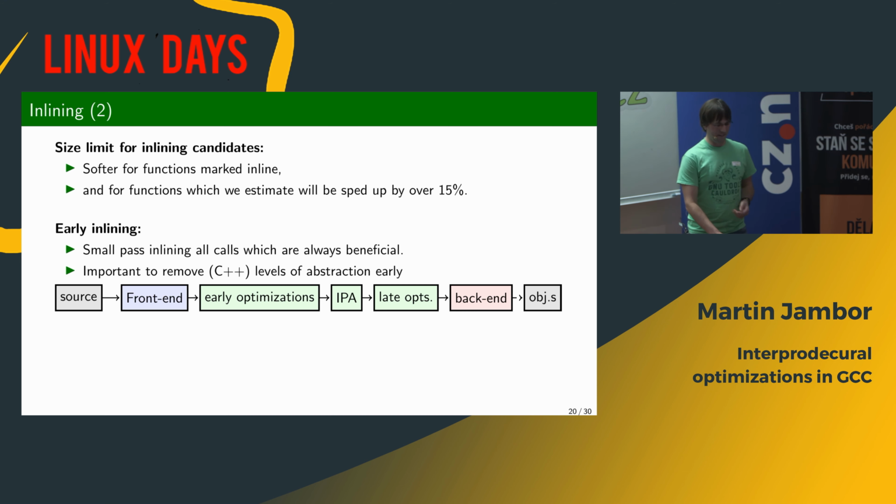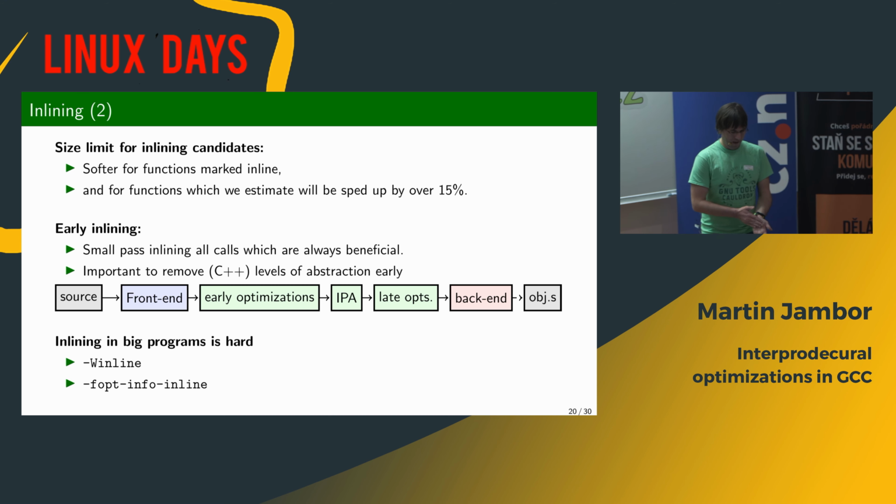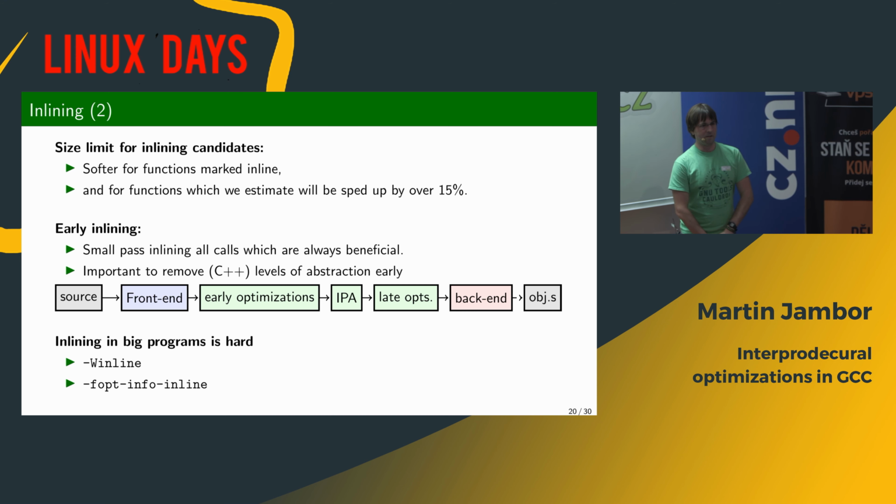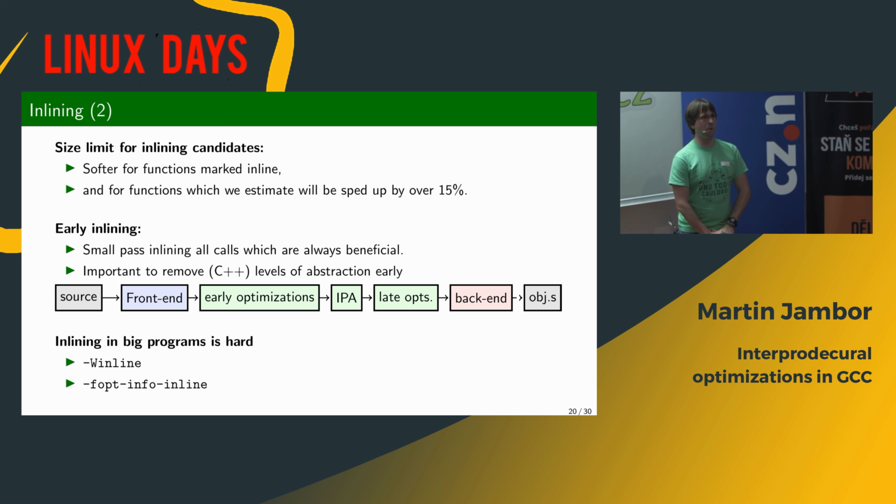And again, it removes a lot of the abstraction penalty early that is usually introduced by C++. But inlining of big programs is very difficult because there are just so many candidates that look like good candidates for inlining that if you inline them all, your binary size would explode. You would get Firefox.